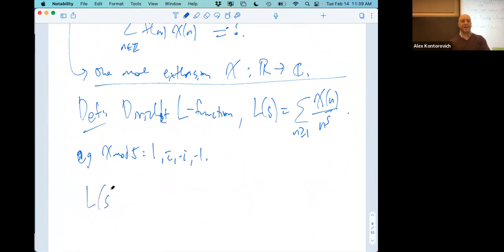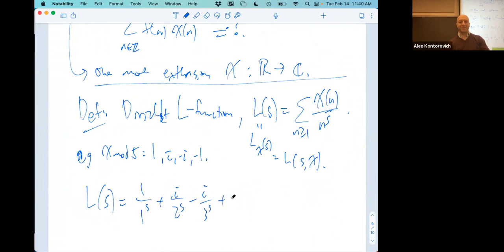So then this L series, which sometimes is written L sub chi of s or L of s, chi, depending on your notation, is 1 over 1 to the s plus i over 2 to the s minus i over 3 to the s minus 1 over 4 to the s and nothing at 5 to the s. And then 6 starts it all over again: 1, i, negative i, and so on.